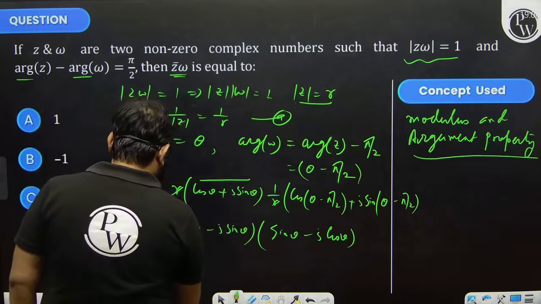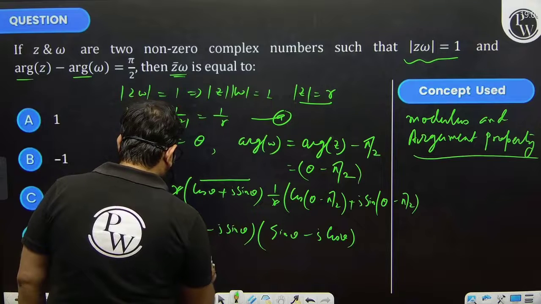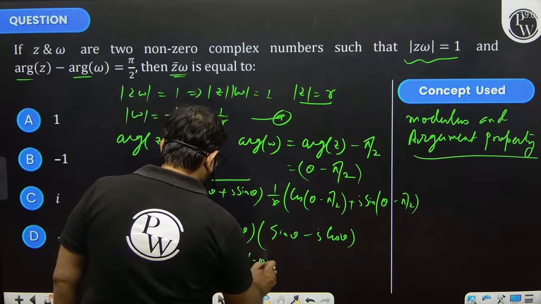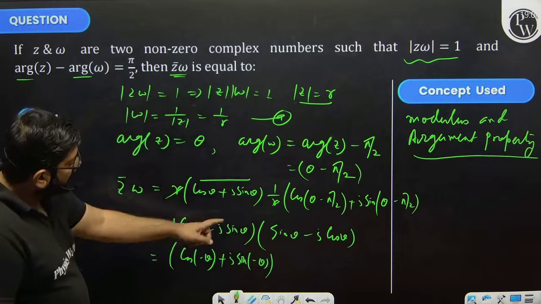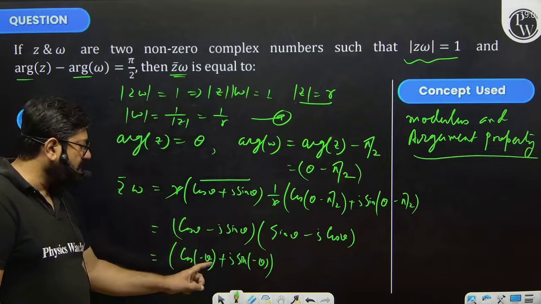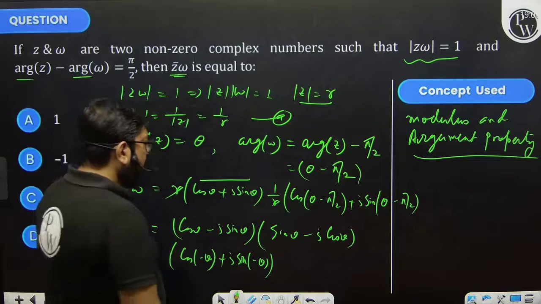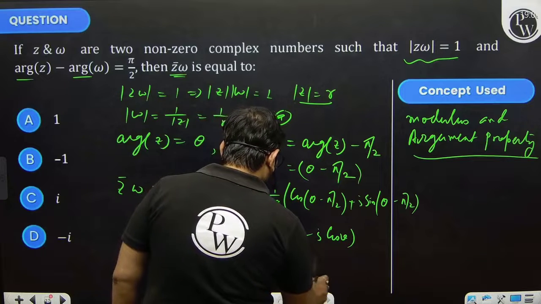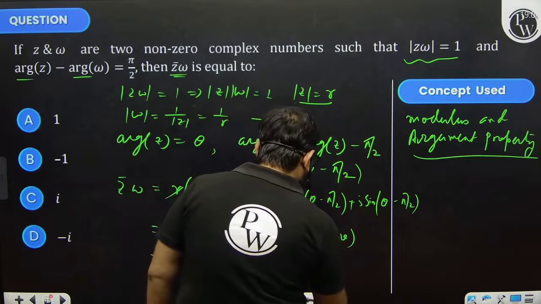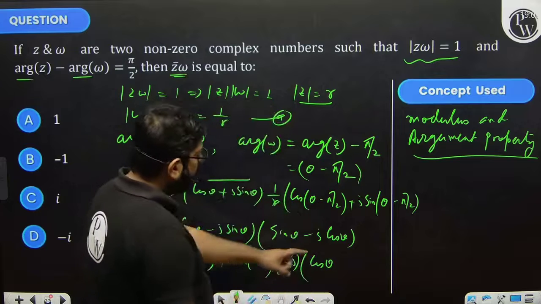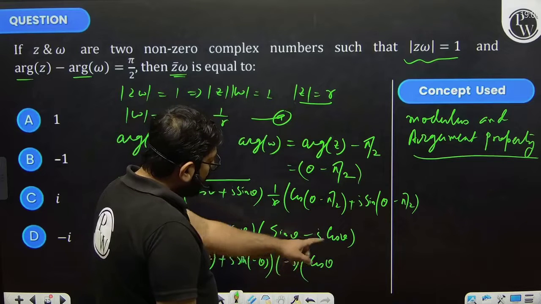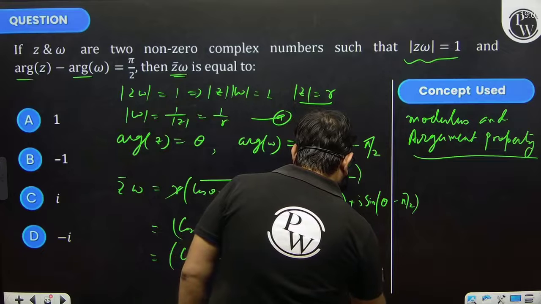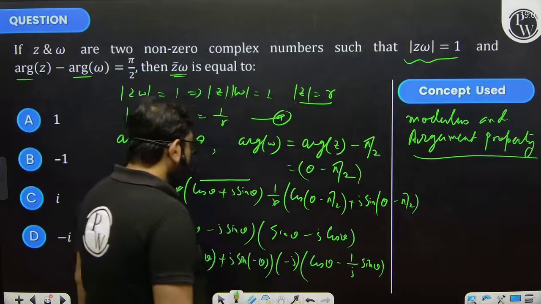Here we can write cos theta minus iota sin theta as cos of minus theta plus iota sine of minus theta. And if we take minus iota as common, then we have cos theta plus minus 1 upon iota sin theta, right?